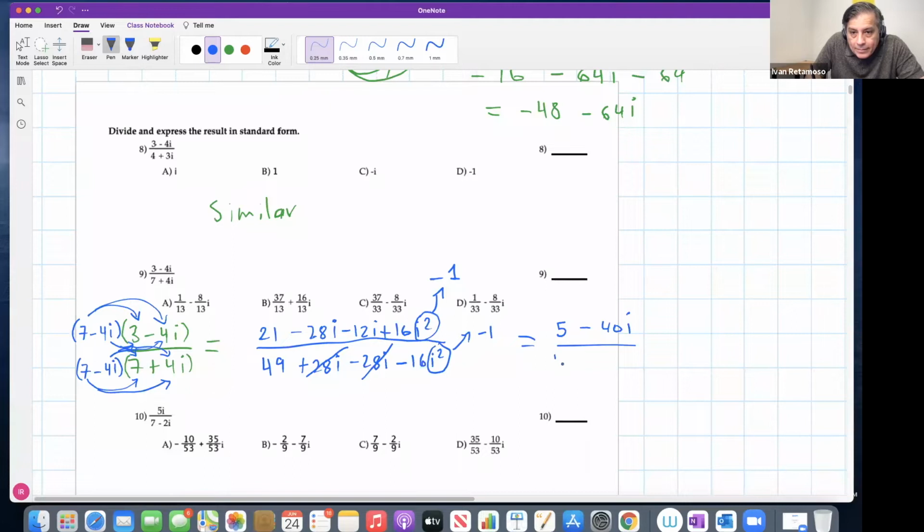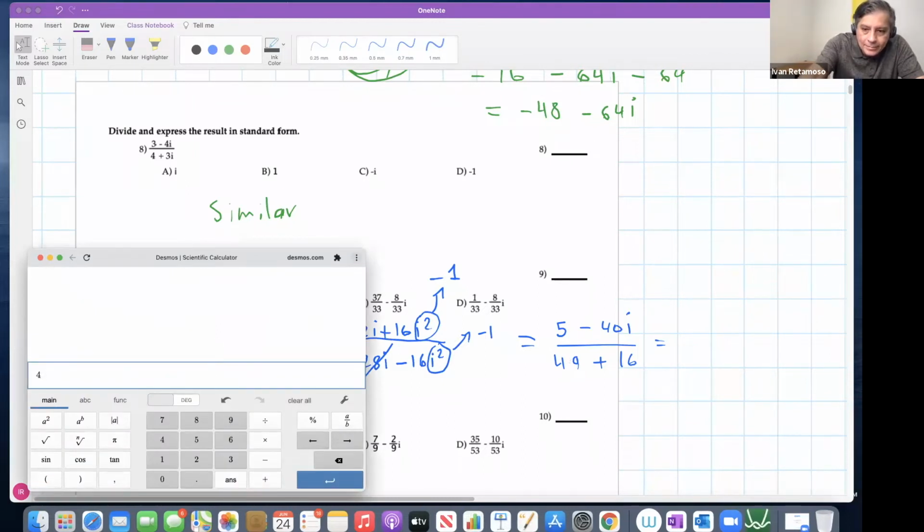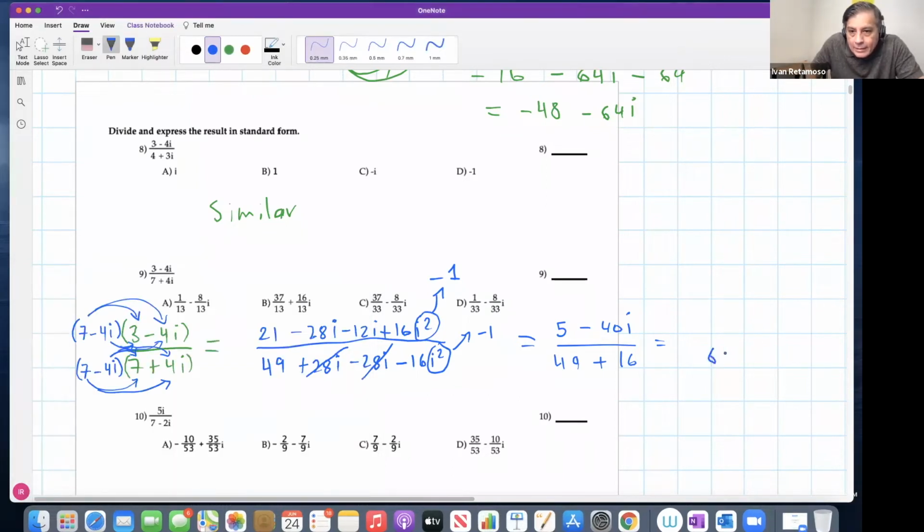Here, 49, minus and minus plus 16. When you add these two numbers, 49 and 16, you're going to get 65, okay? 65, and on the numerator 5 minus 40i, right?